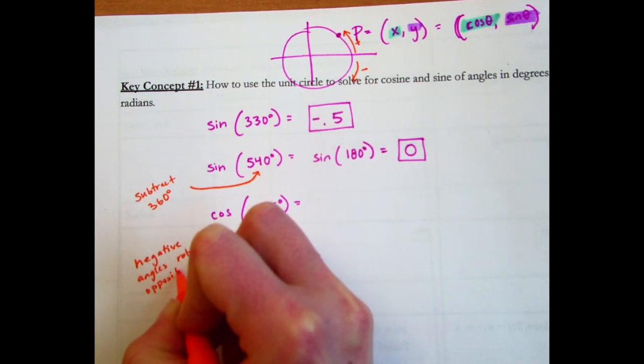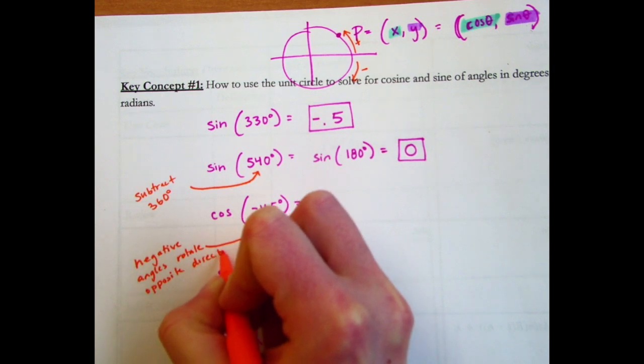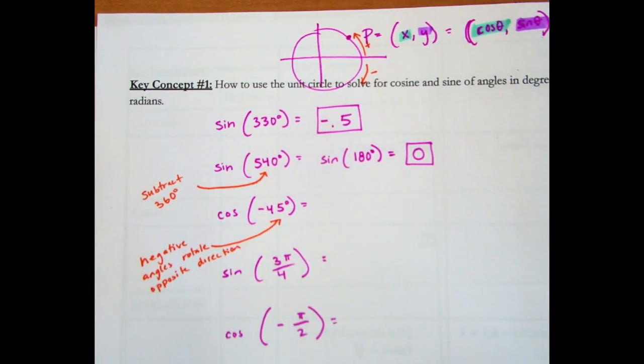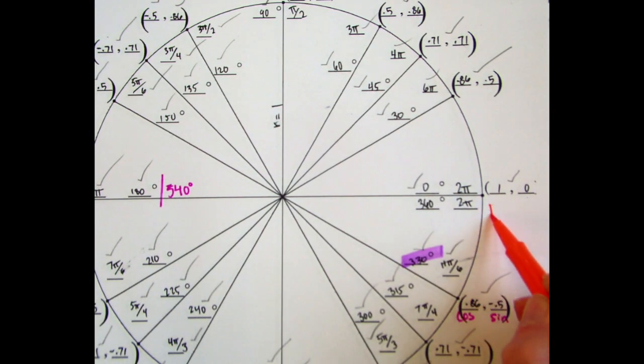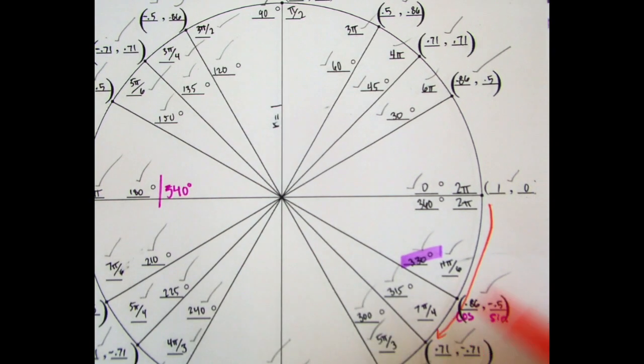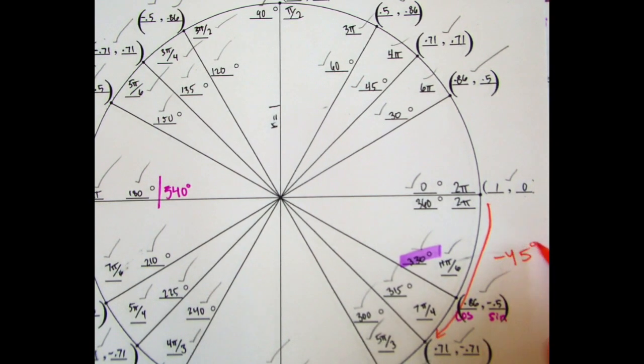So if I start in my same starting position and I'm rotating negatively on the unit circle, so down by 45 degrees, negative 45 degrees is going to end up directly reflected across the x-axis from positive 45 degrees.